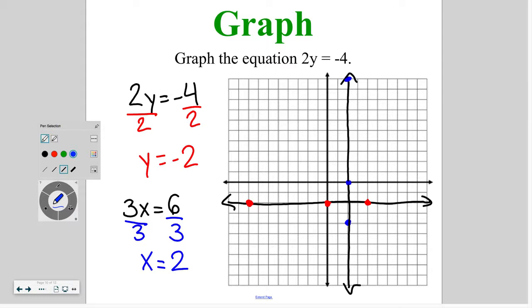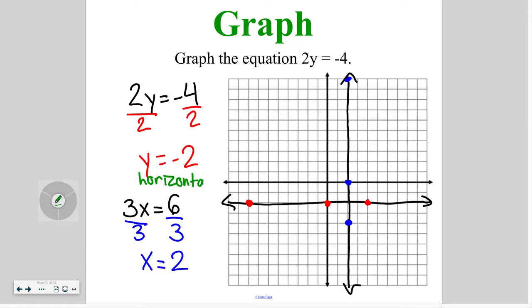So you need to be able to identify: if you have a y equals equation, you are going to get a horizontal line. If you have an x equals equation, you are going to get a vertical line at that point.